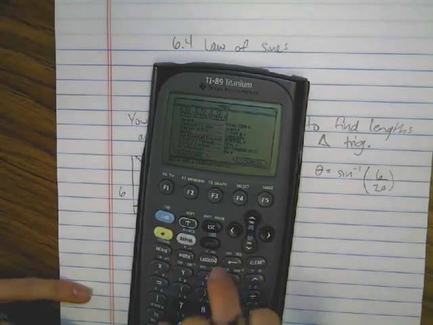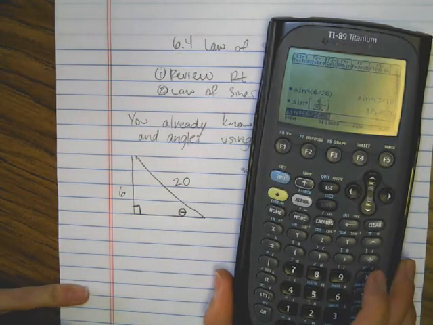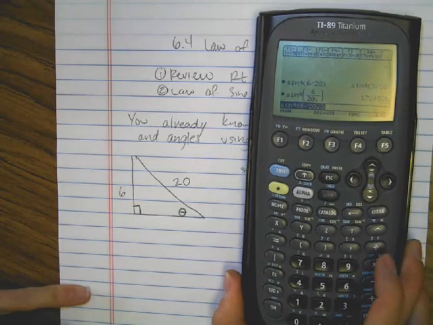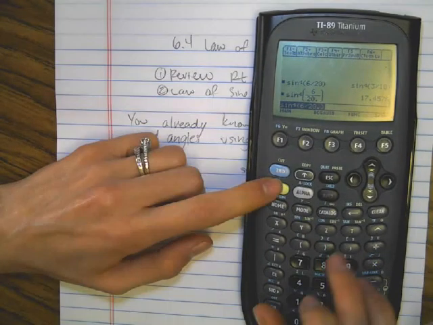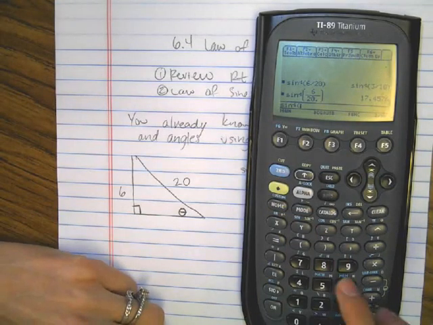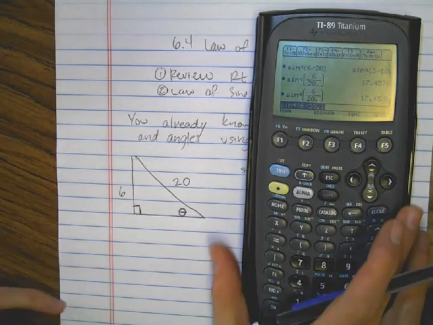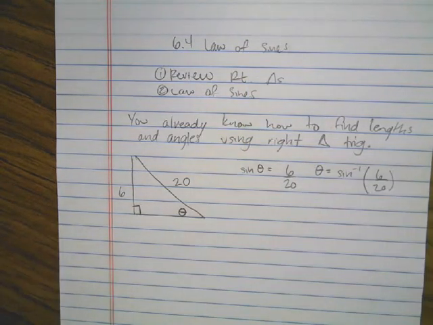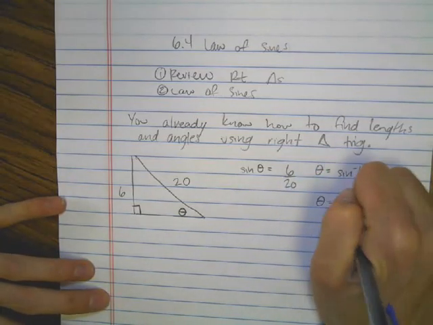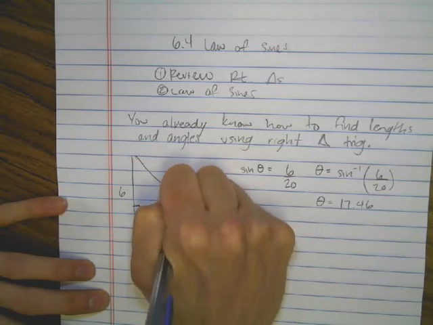It's in the bottom right corner. So inverse sine of 6 divided by 20 gives you 17.46. So our angle is 17.46, which means this is 17.46 degrees.